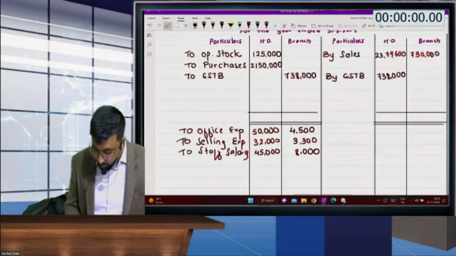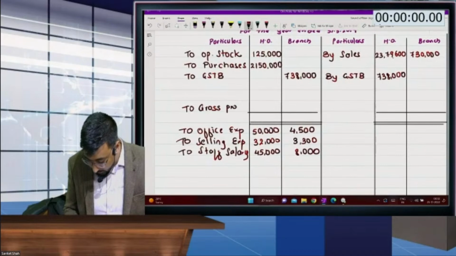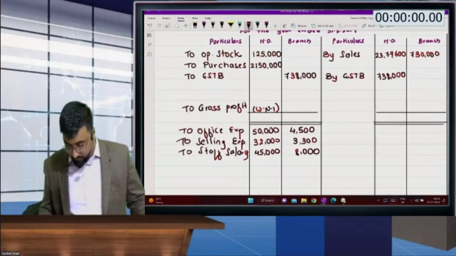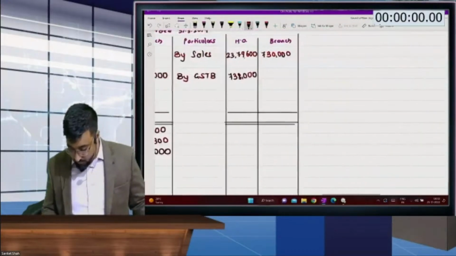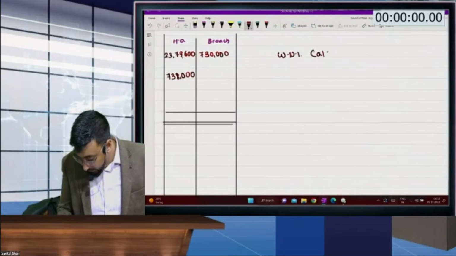Now, very, very important, to gross profit. Here I will write working note 1. Working note 1, calculation of gross profit.